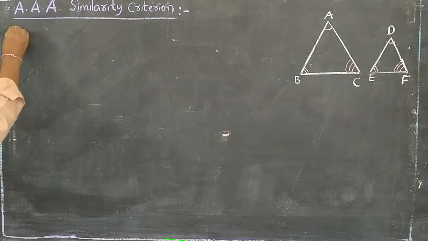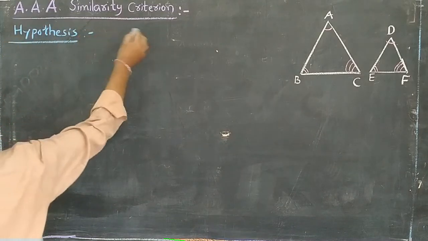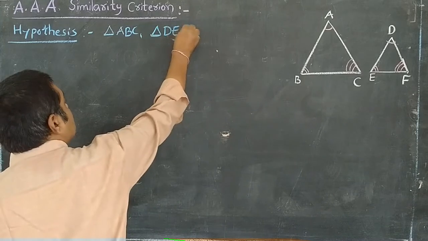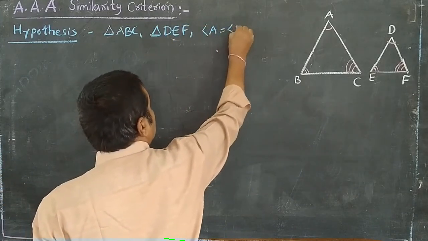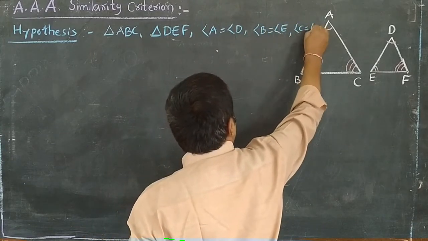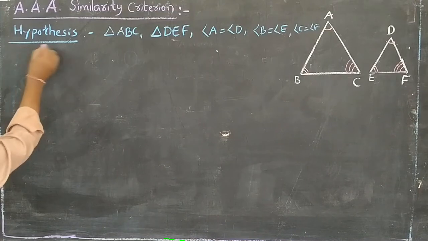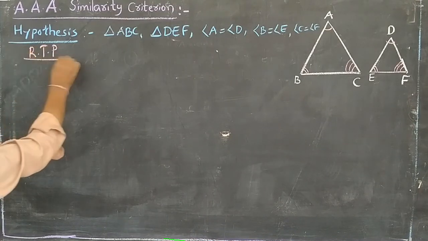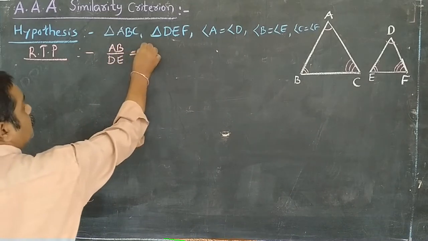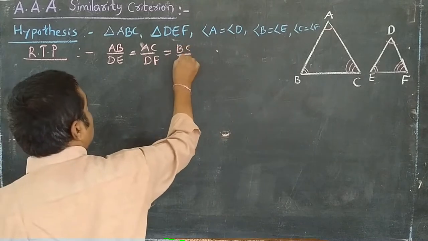First, the hypothesis. He says, in triangles ABC and DEF, it is given that angle A is equal to angle D, angle B is equal to angle E, and angle C is equal to angle F. This is the given condition. What is required to prove is that the corresponding sides AB by DE is equal to AC by DF is equal to BC by EF.